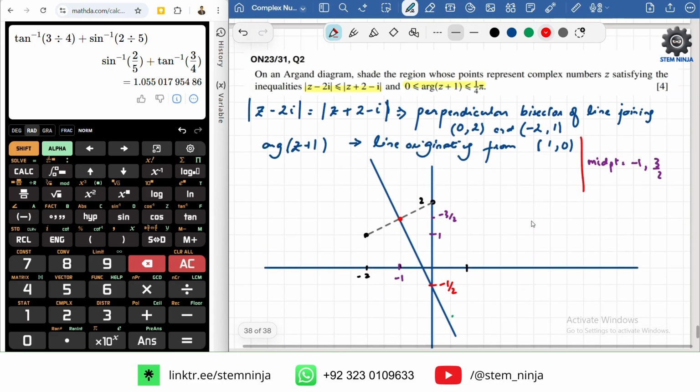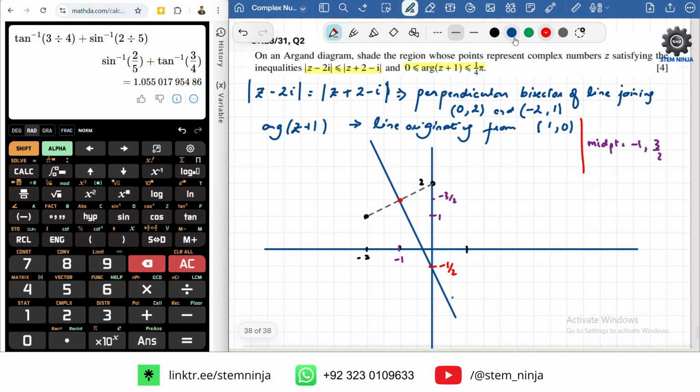Next up, that was the argument z plus 1, between 0 and pi by 4. Sorry, once again, this is minus 1, 0, right? So z minus 1.